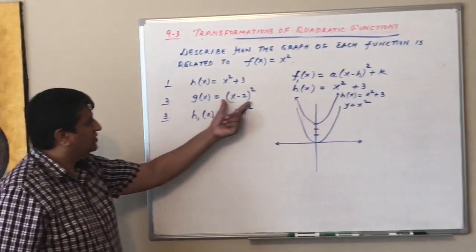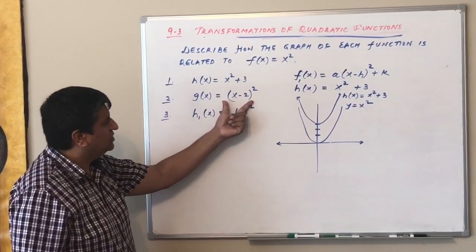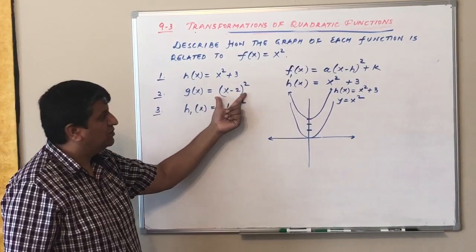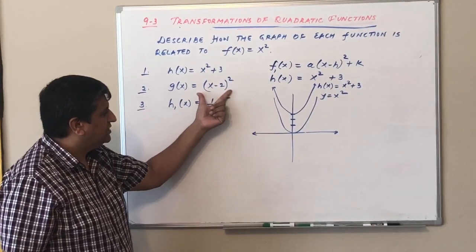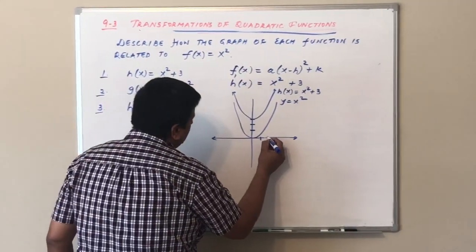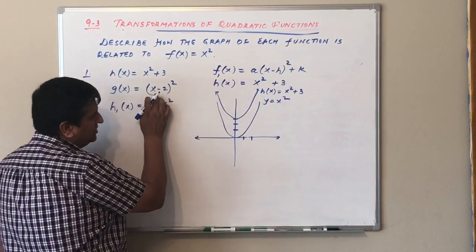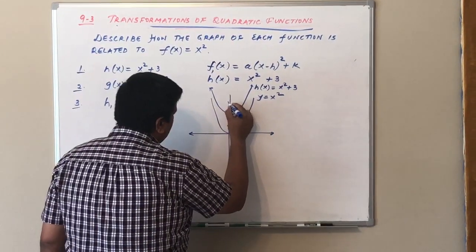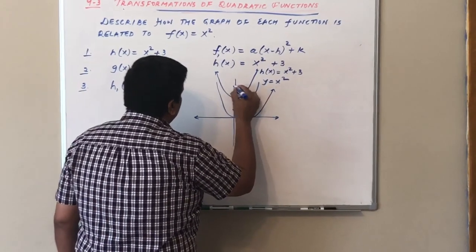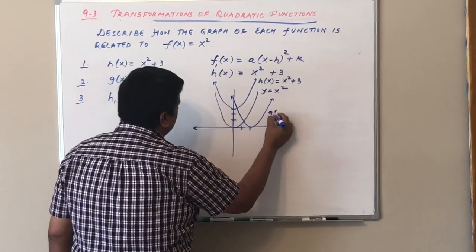The next function, compared to the parent function, this graph is going to move 2 units to the right. If there's a minus here, it actually moves the function 2 units to the right. So this is the graph of the function.